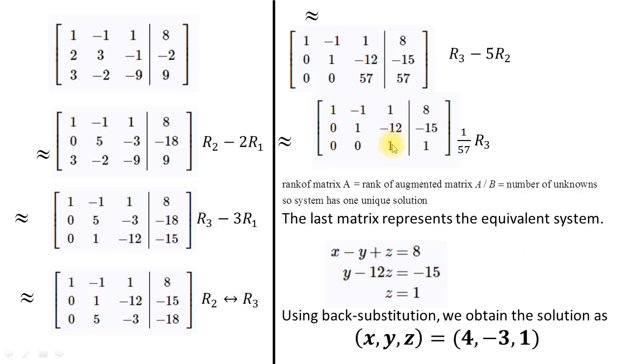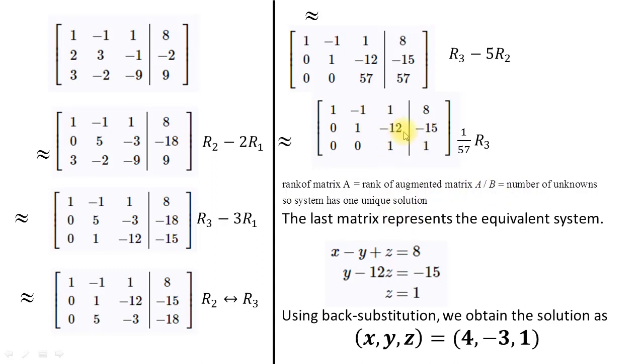But here this number is non-zero, so all rows are non-zero in the matrix A, so the rank of matrix A is 3, and the rank of the full augmented matrix is also 3, and there are 3 unknowns, so the rank of matrix A is equal to the rank of the augmented matrix, which is equal to the number of unknowns. So this system has a unique solution.